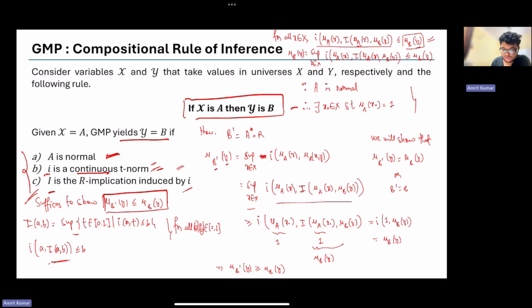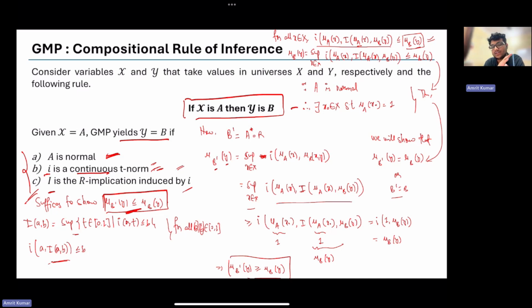So we are able to show this inequality and this inequality. And thus, mu B dash of y is equal to mu B of y, or in other words, fuzzy set B dash is equal to B.